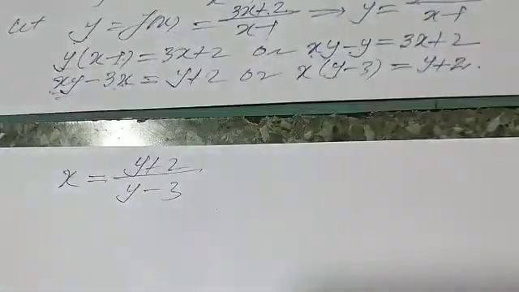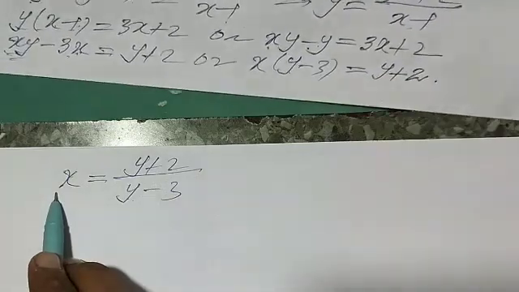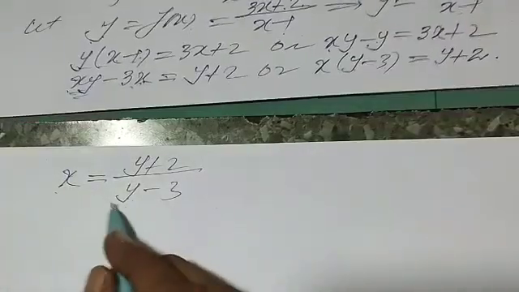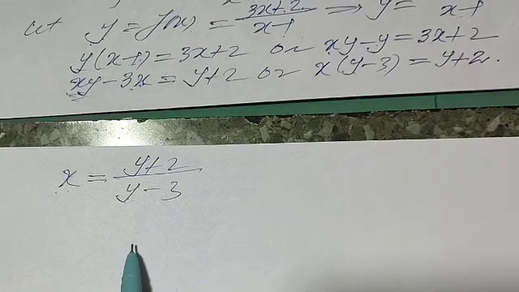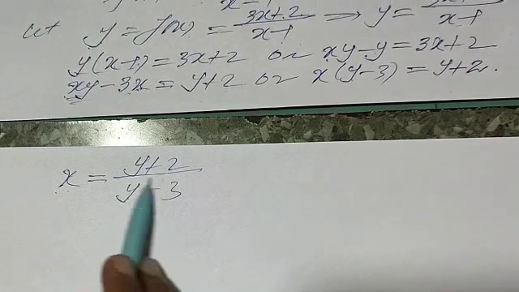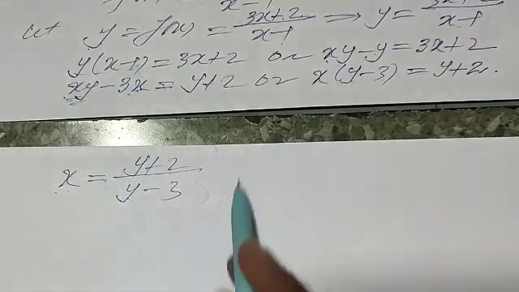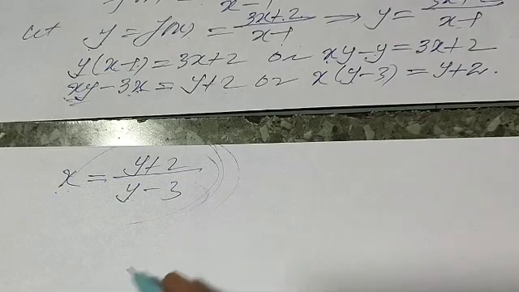So now we have to check for what values of y, x belongs to the set of real numbers, which is the domain of the function. So obviously x is defined for all values of y except y is equal to 3, because for y equal to 3 the denominator becomes 0, and then the value of this fraction becomes infinite and not defined.